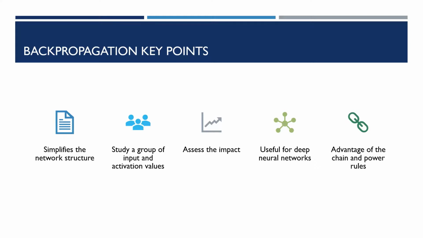The knowledge gained from this analysis should be represented in rules. Backpropagation is especially useful for deep neural networks working on error-prone projects, such as image or speech recognition. Backpropagation takes advantage of the chain and power rules, which allows it to function with any number of outputs.